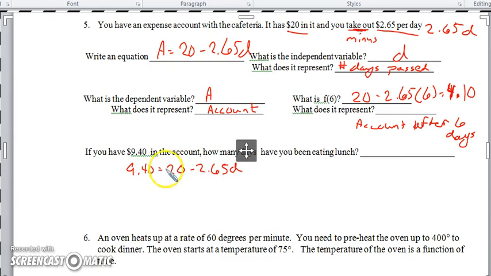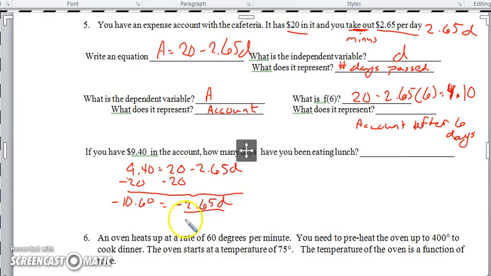We want to solve for D, so subtract 20 first. So 9.40 minus 20 would be negative $10.60, equals minus, bring down your minus sign, pay close attention to your signs.